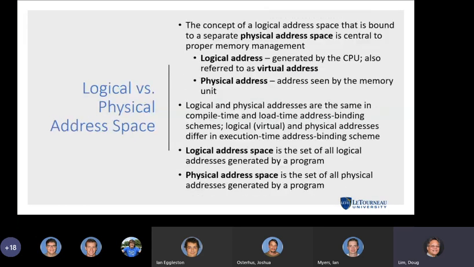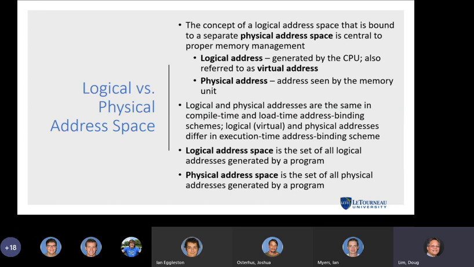So going back one, we talked about the concept of logical address space and how there's a mapping between the logical address space and the physical address, which is the addresses as seen by memory. The logical addresses are the addresses as generated by the CPU, also called virtual addresses.